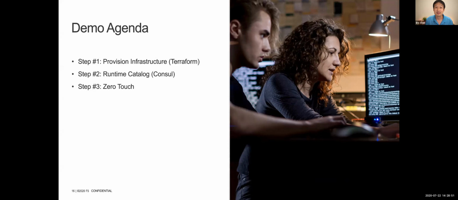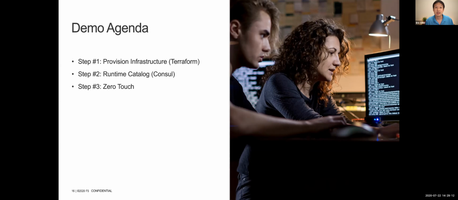everyone, no one gets lost along the way, we're going to be doing 3 basic steps through this demonstration. First, we're just going to stand up the environment. What we're starting with is infrastructure as code. We're going to start with a blank slate. There's nothing in the environment, and we're just going to give you a very brief introduction on Terraform and what it is.